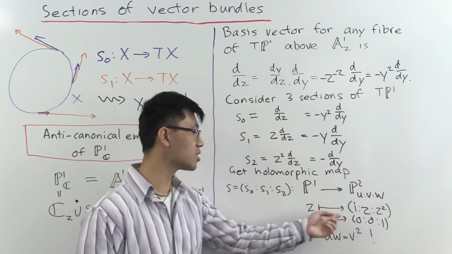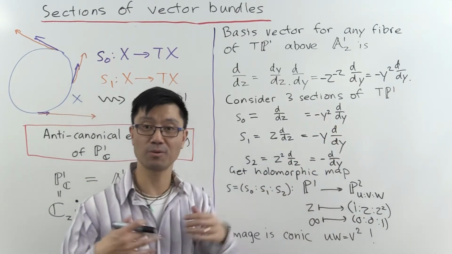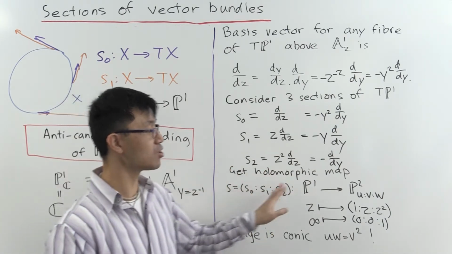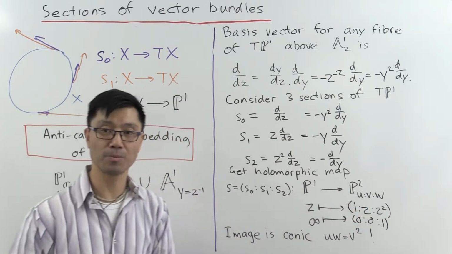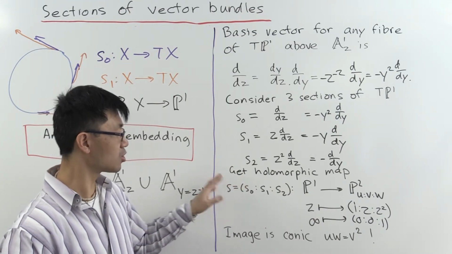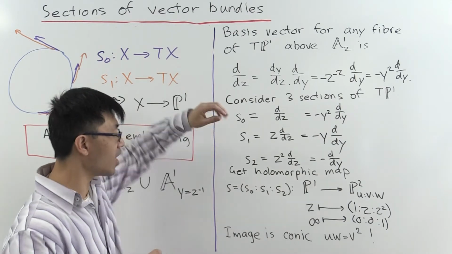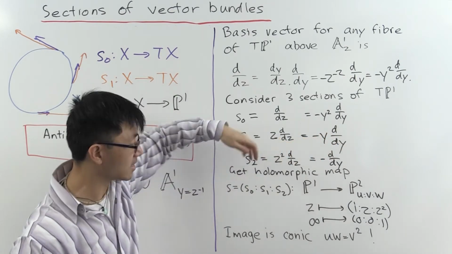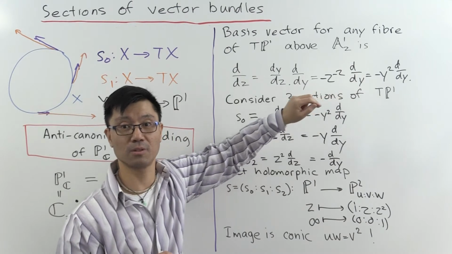So this is a homogeneous quadratic equation, and that defines a conic inside P2. And in fact, it's very easy to see that the image of this map here is this conic inside P2. And furthermore, not only is this map a surjection onto this conic, but it's injective as well. So you have an isomorphism of the projective line with the conic inside P2, and it's given by these 3 sections of this tangent bundle.